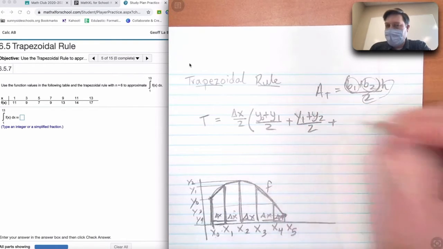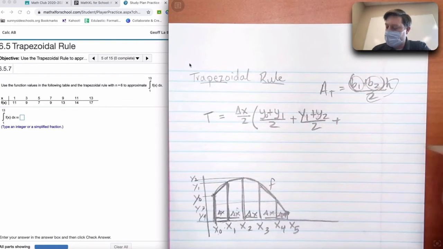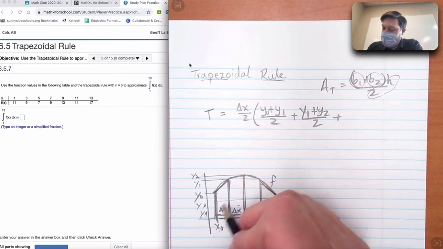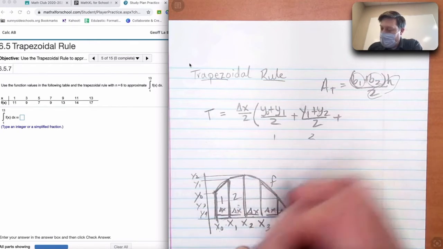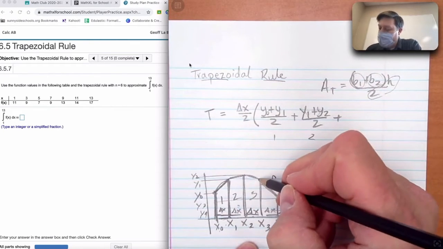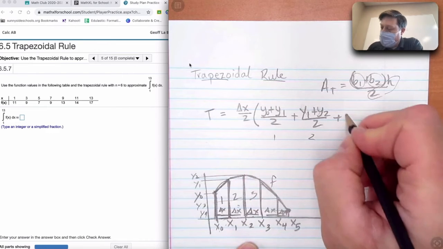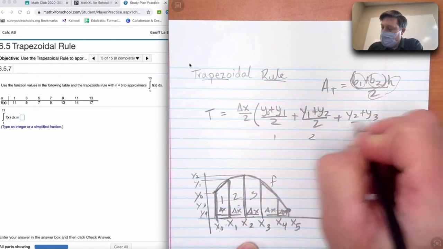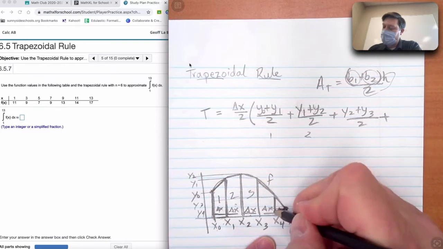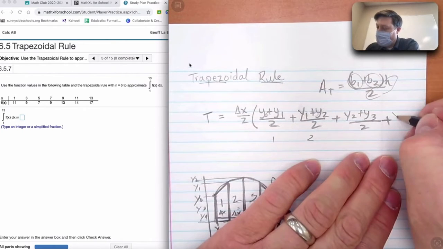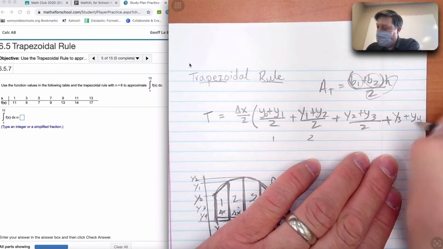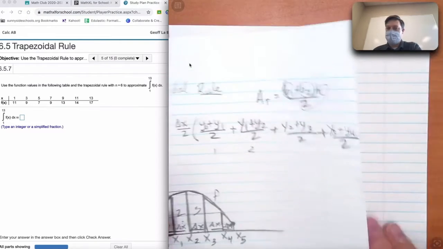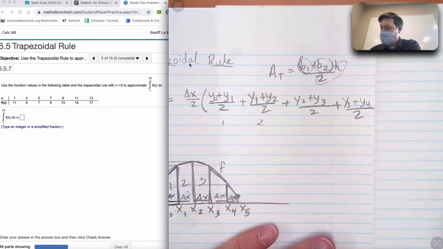So y1 plus y2 over 2, plus, continuing the trapezoid, viewed sideways, the third subinterval has base edges of y2 plus y3 over 2, and last of all, y3 plus y4 over 2. Okay, so that is our trapezoidal area.